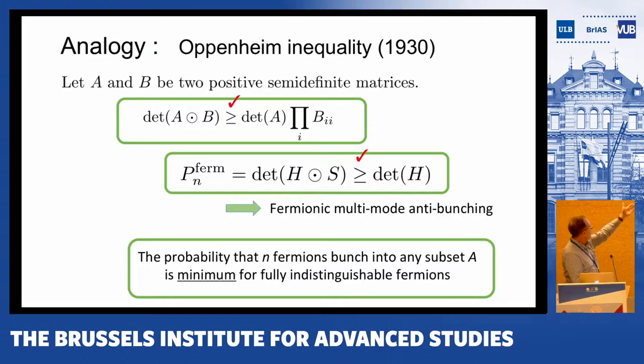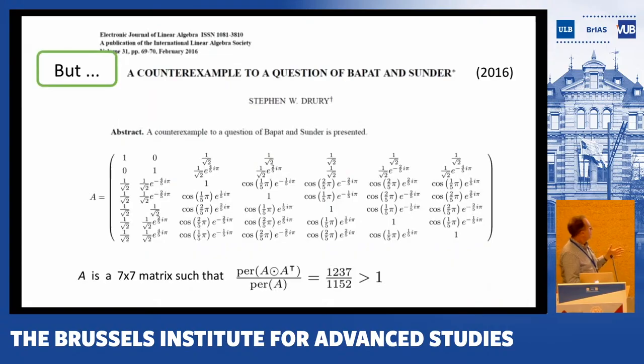And there is an analogous inequality which was proven almost a century ago. For fermions it goes the other way around: the probability that n fermions bunch into some subset of output modes after being propagated through a linear interferometer is minimum for fully indistinguishable fermions.